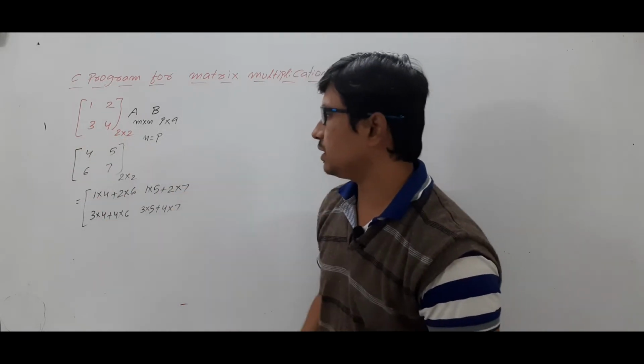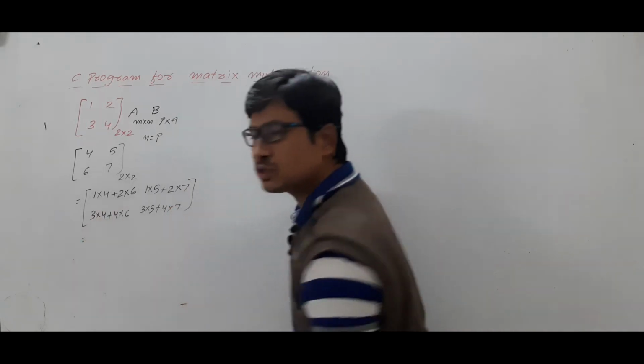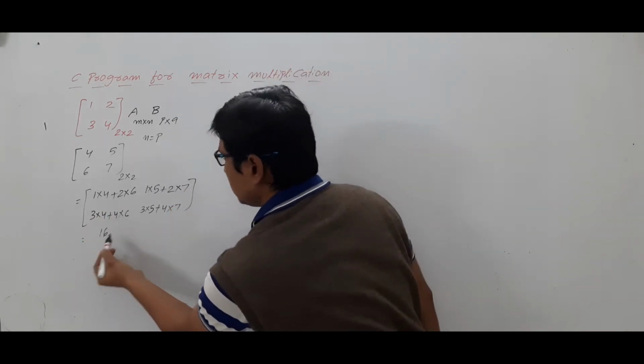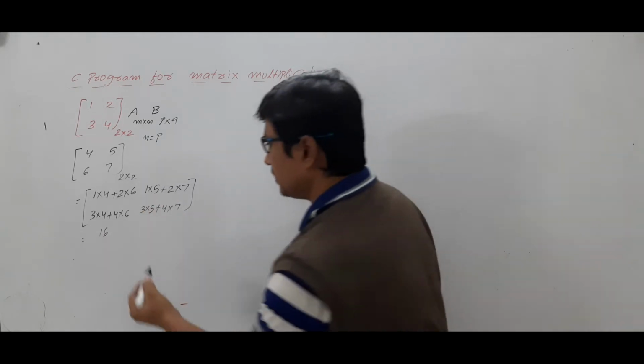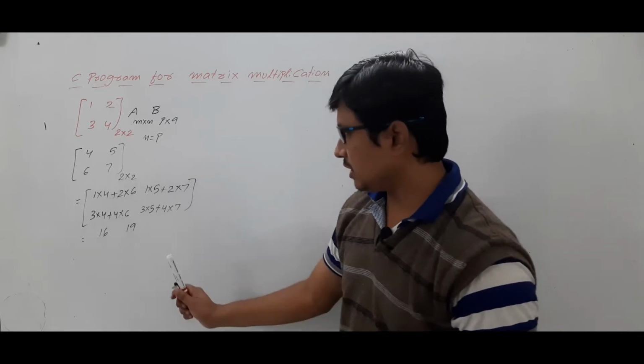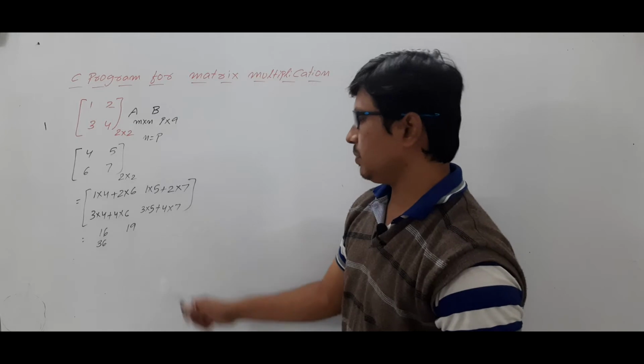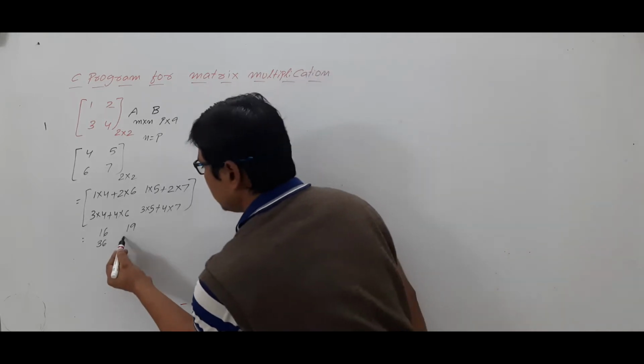Once you do this, you will get the result as 4 plus 12, which will be 16. 5 plus 14 will be 19. 12 plus 24, which will be 36. 15 plus 28, which will be 43.